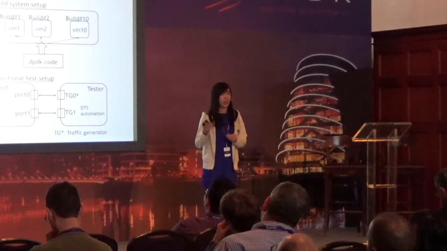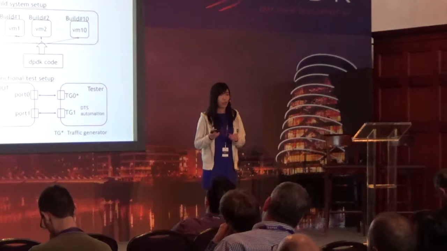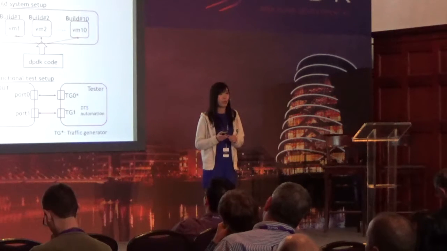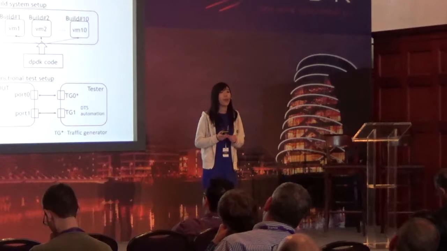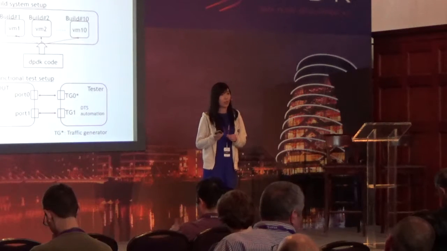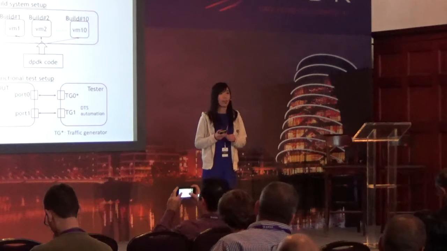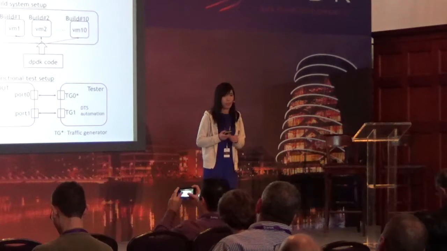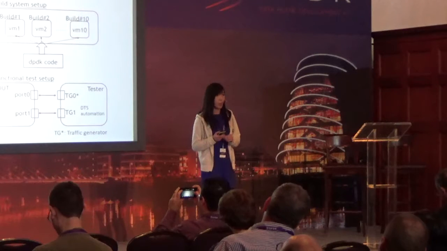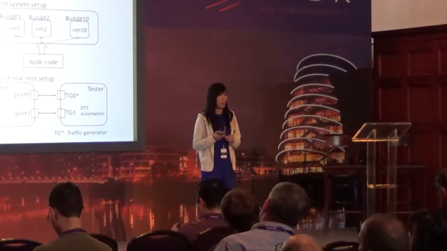Each day we may merge many patches, so we also have the daily build on the master branch to cover more configurations, such as different OS, different compilers, and different kernel versions. So that is the per-patch build and the daily build.